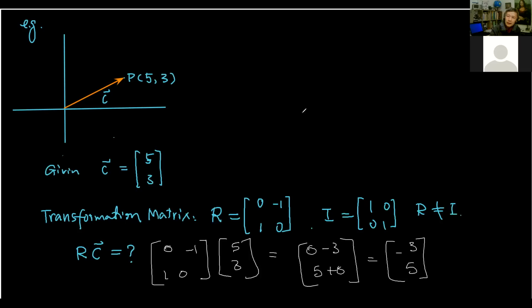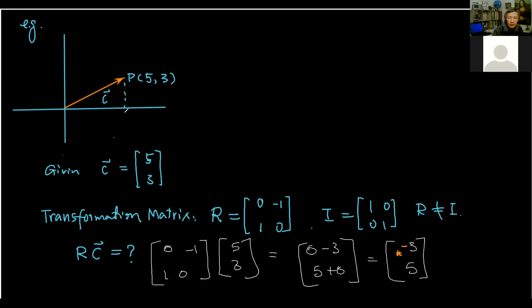Be careful, it's negative 3. Okay, that is one. Can you draw this diagram here? Can you roughly draw where this vector points and how to represent this matrix here?